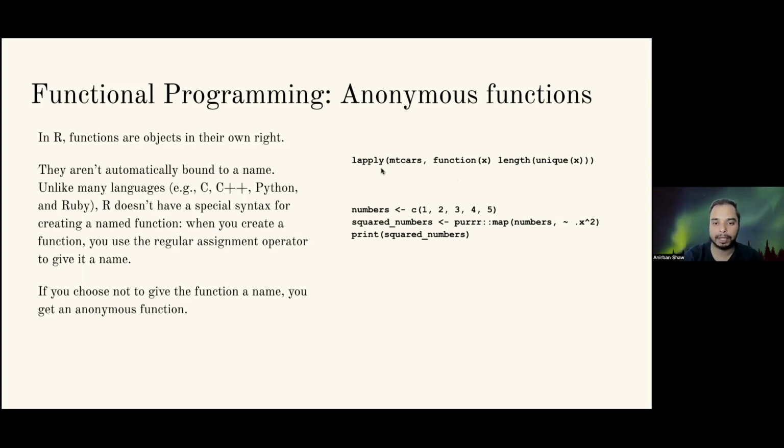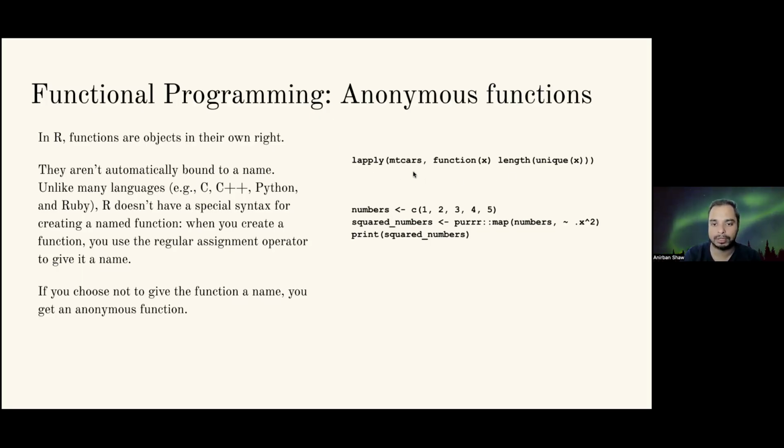So lapply and sapply are two functions. I think R has another function also, but the most used are lapply and sapply to do this kind of job where you have a list of items, and you want to do the same operation on each item of that list, right? lapply returns a list and sapply returns a vector, which is not important.